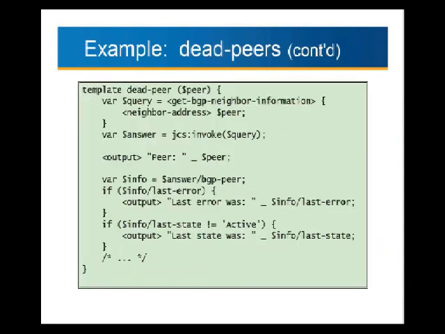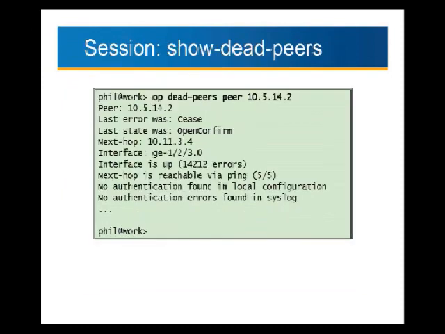The dead-peer template does a get-bgp-neighbor-information, looks at the state that's returned, reports the error, the last error, the last state, and then it performs more operations than I can fit on a slide, but it can go out and look at the next hop, make sure there's a route to the next hop, look for the outgoing interface, make sure it's up, look at the error counts. It can do a sleep and refresh the error counts to see if they're increasing. It can do pings to make sure the next hop's reachable. It can go look through the syslog to find the reasons why it failed, when it was last up, all that sort of stuff.